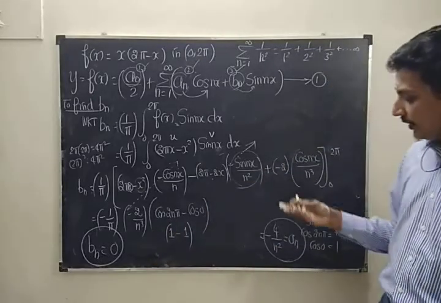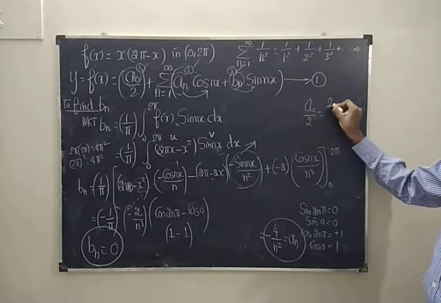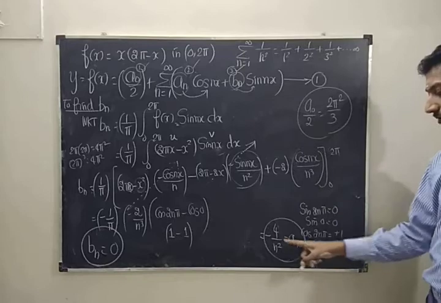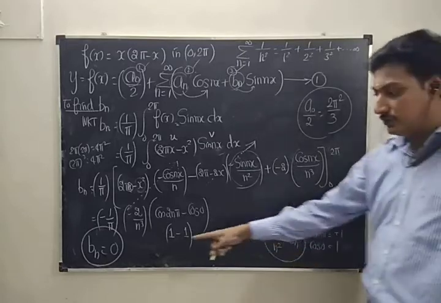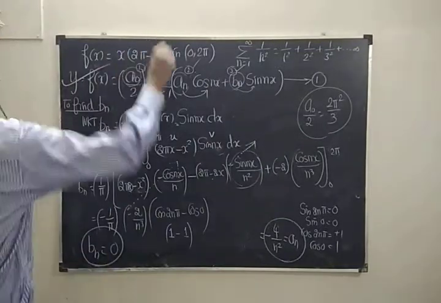Now substitute A0. What's the A0 value? A0 by 2 is equal to 2 pi squared by 3. An value is minus 4 by n squared. Bn value is 0. Now substitute these three values in the given equation number 1.